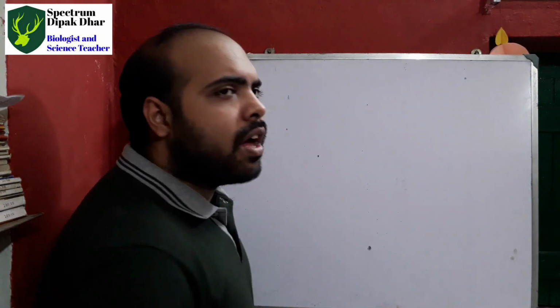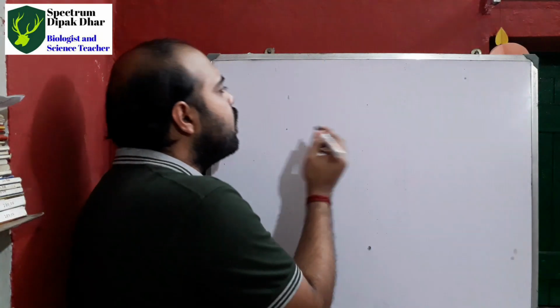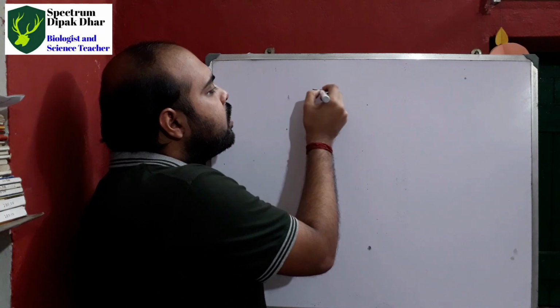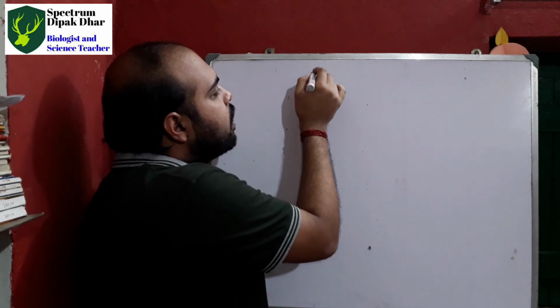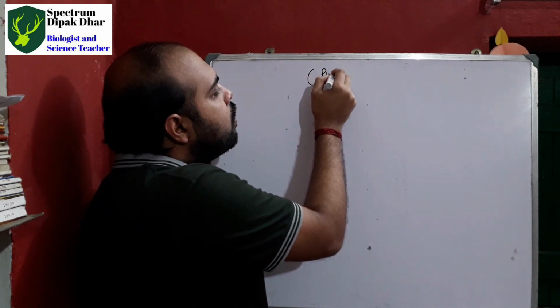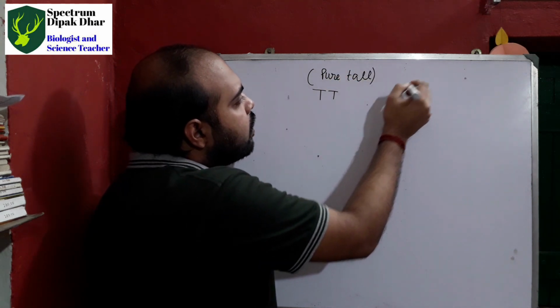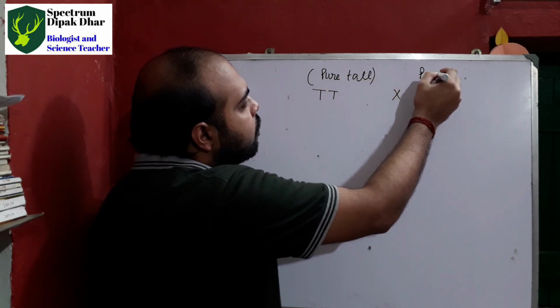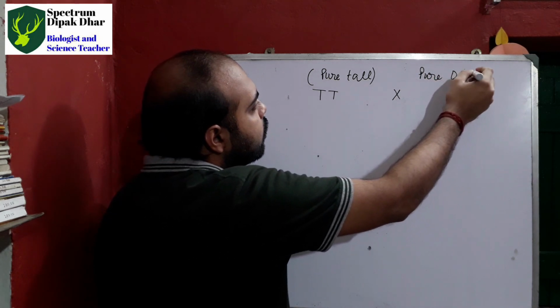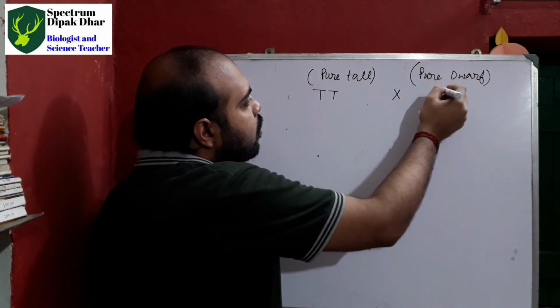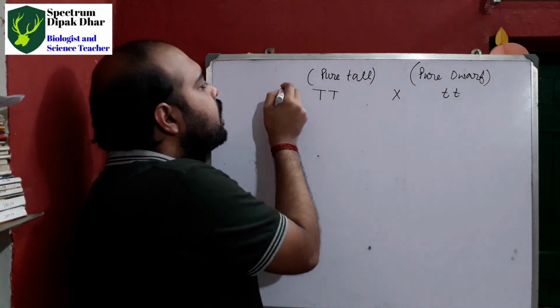I am taking the example of the pea plant for explaining the test cross and the back cross. Suppose the pea plant I am taking is capital T, the pure tall, and another plant is pure dwarf. So this is the parental generation.